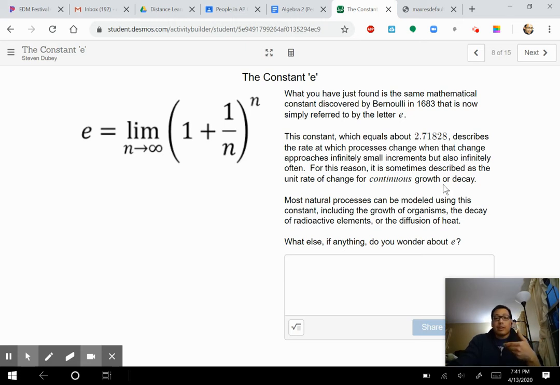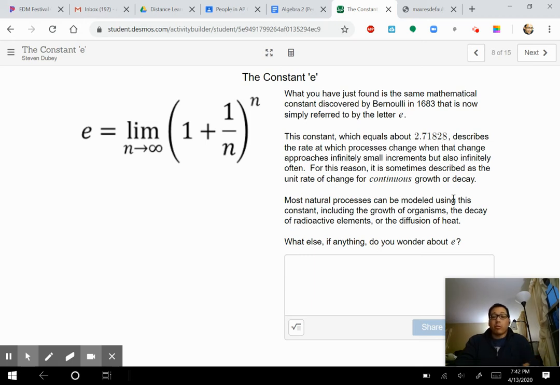And so we call this continuous growth, because rather than something that's happening once a year or 10 times a year, it's happening at every single instant of time, infinitesimally, or instantaneously, I guess you could say. It's increasing by a tiny amount. So this is called continuous growth. That's what e is about. We get to this number every time we do this.